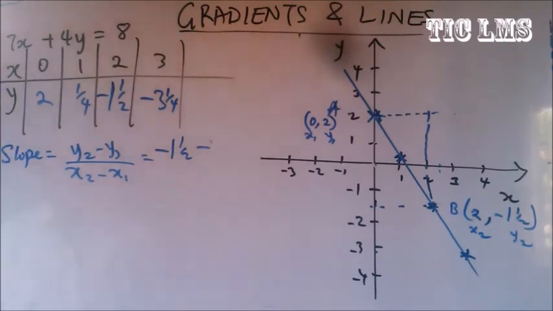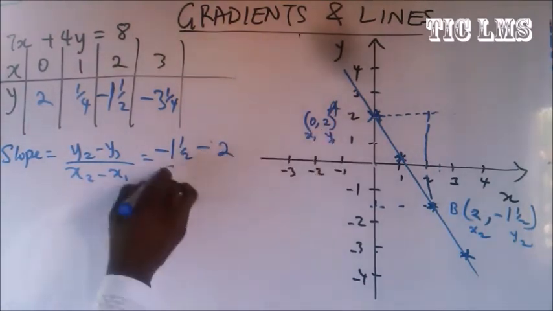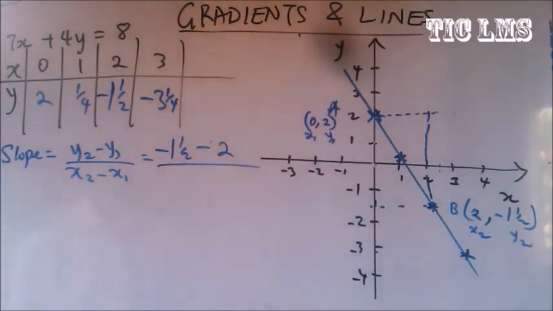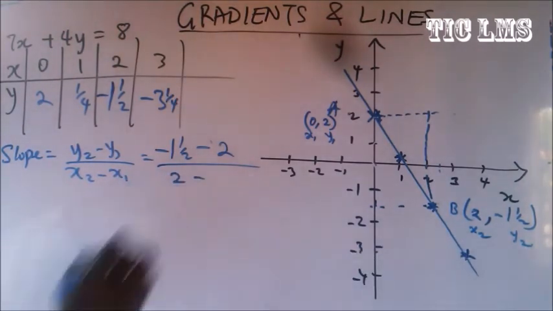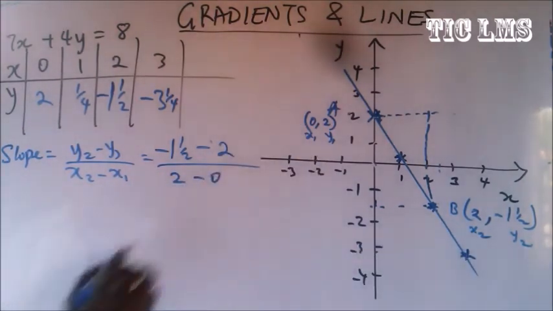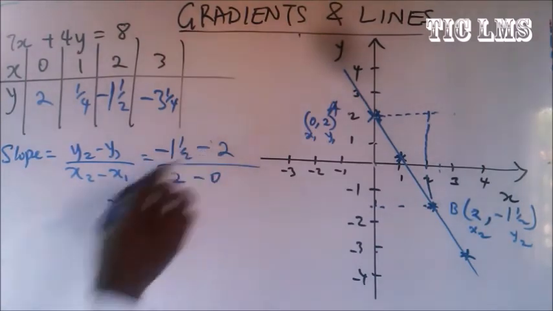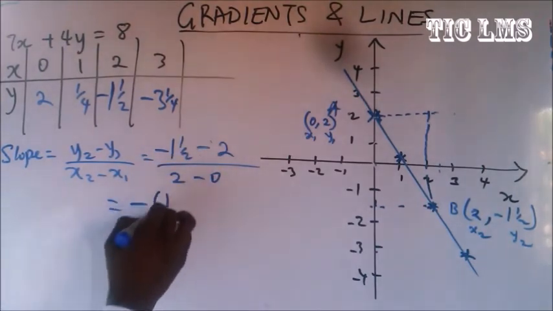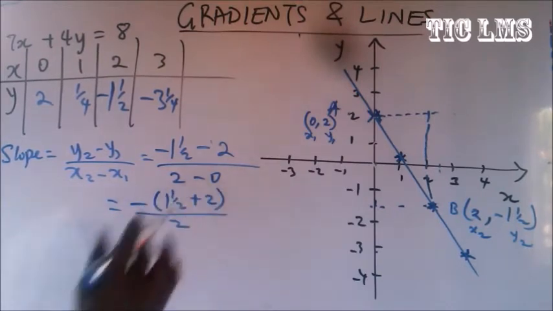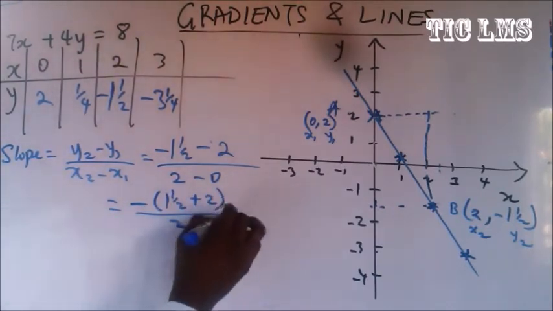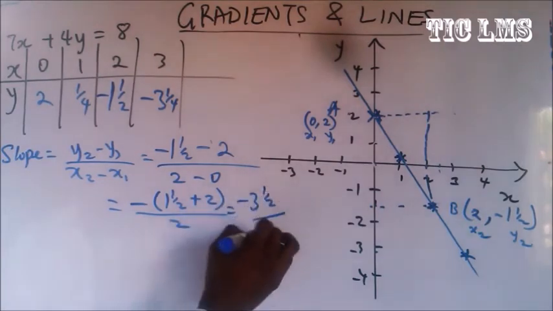Then y1, which is 2 here. Then x2 over here is 2, and x1 over here is 0. So minus 1.5 minus 2 is more like having minus 1 over 2 minus 2 over 1, so minus 1.5 minus 2 leaves us with minus 3.5 over 2.